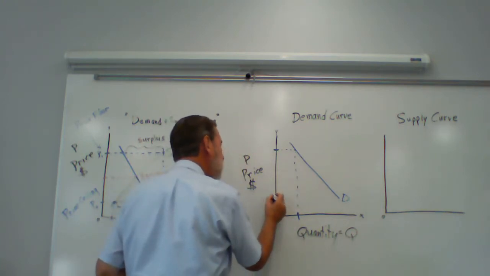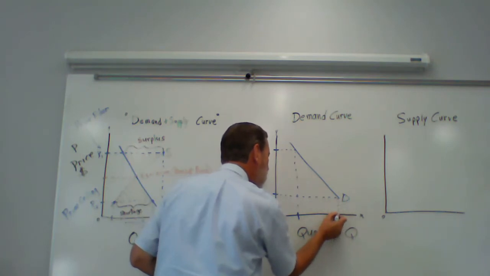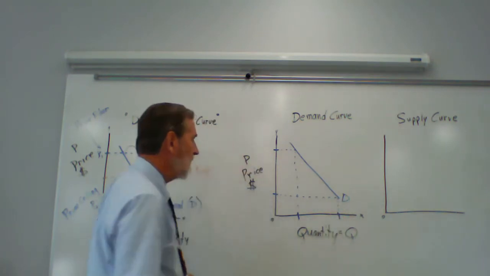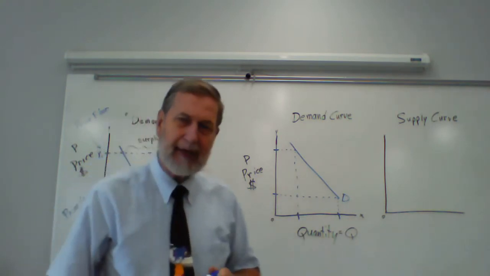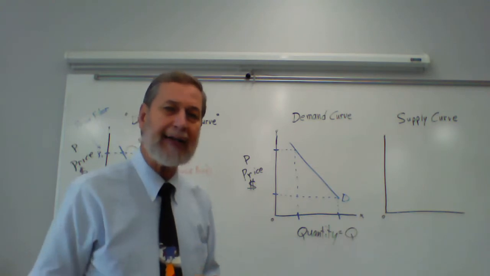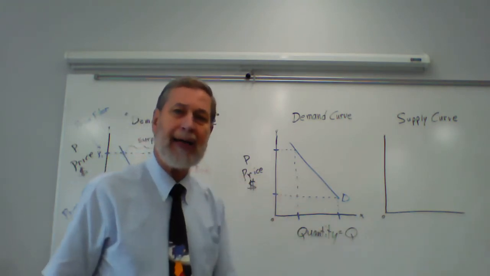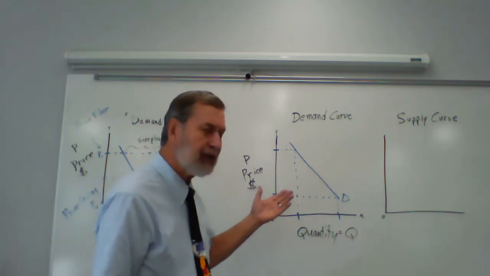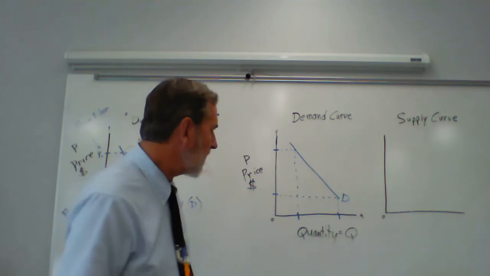If the price drops dramatically, then the demand will be much higher. So the law of demand is that it will always be downward and to the right on your graph: if the price is high, people will want less of it. If the price is low, people will want to buy more of it.